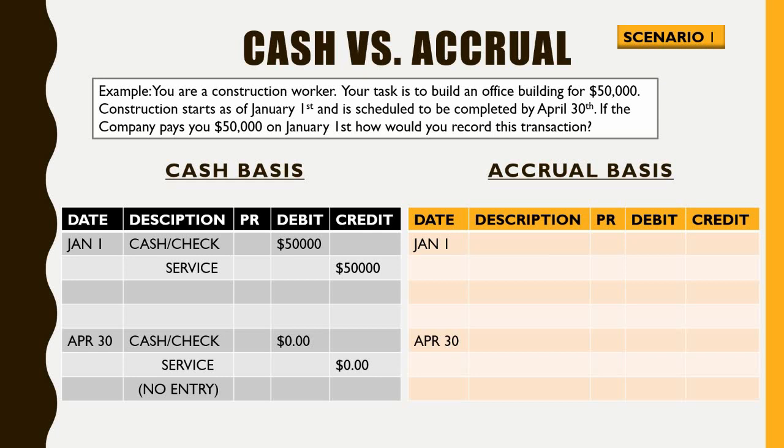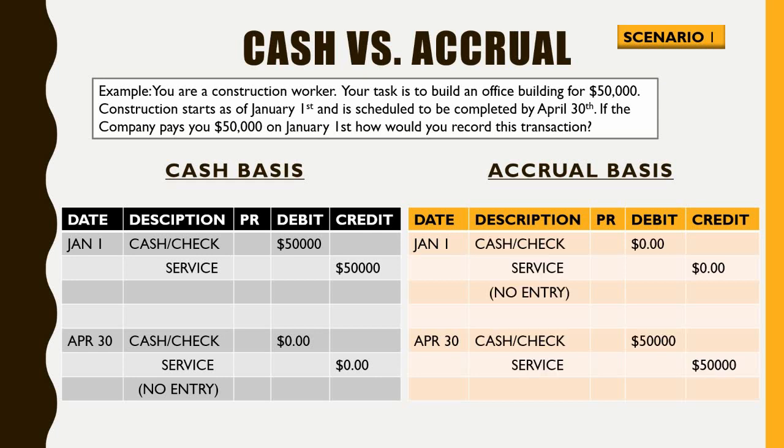Whereas on an accrual basis, you would also report the same thing, except here in January we don't record the cash because the service has not been completed. The idea here is that the task must be completed, or the job needs to be done, or the revenue needs to be earned.